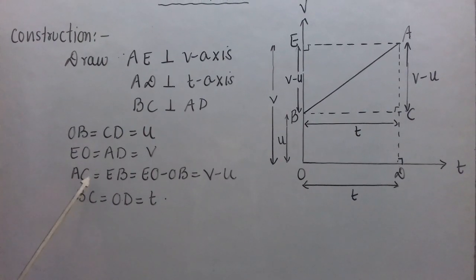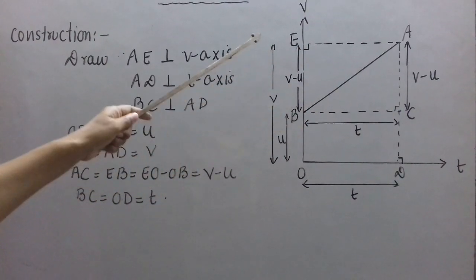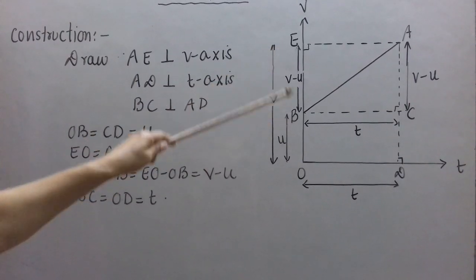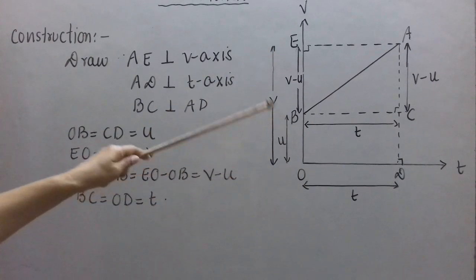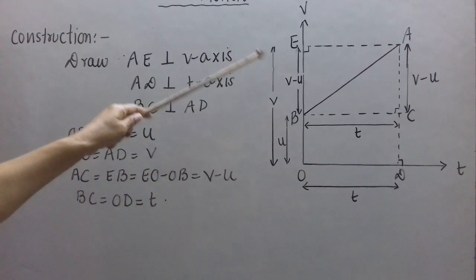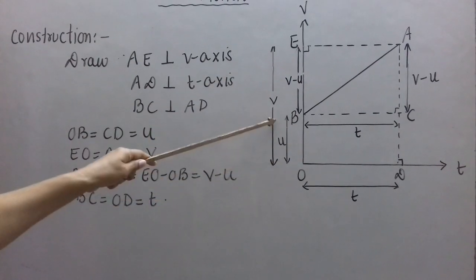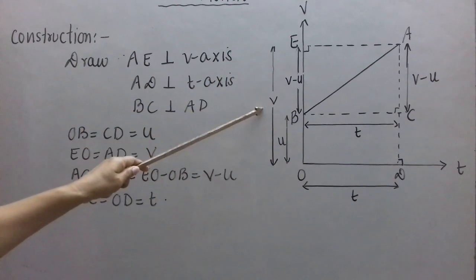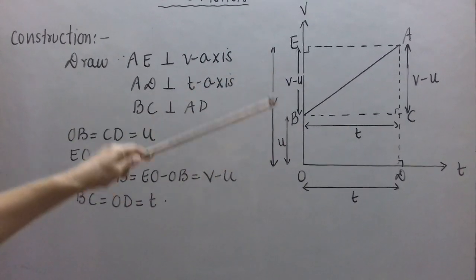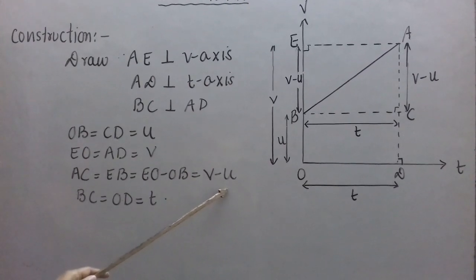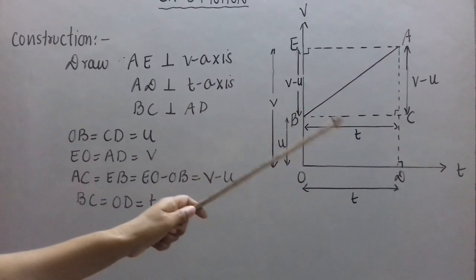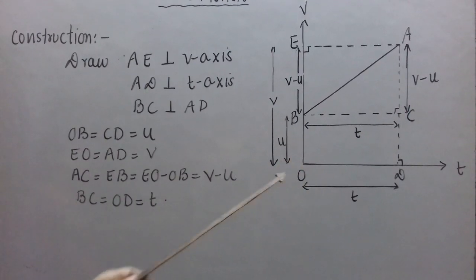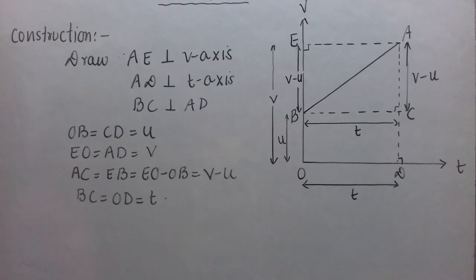AC, we can easily see from the diagram that AC is equal to EB. And what is EB? EB is EO minus OB. And what is EO? EO is v, OB is u, so EB is v minus u. What is BC? BC is equal to OD, and we know OD is the time after which the velocity becomes v.